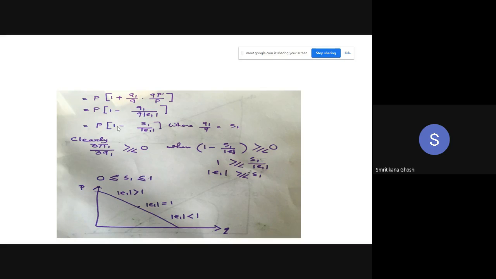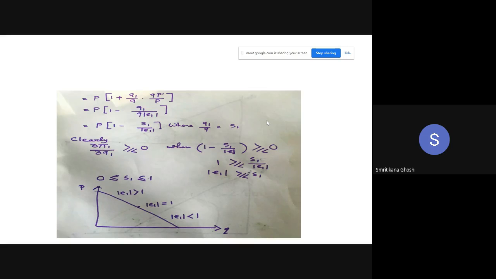Actually, Q1 by Q is S1, because Q1 is the total quantity produced by farm 1 and Q is the total market output. So we can say Q1 by Q is the market share of farm 1. Okay. So that is why it is written as S1, share.